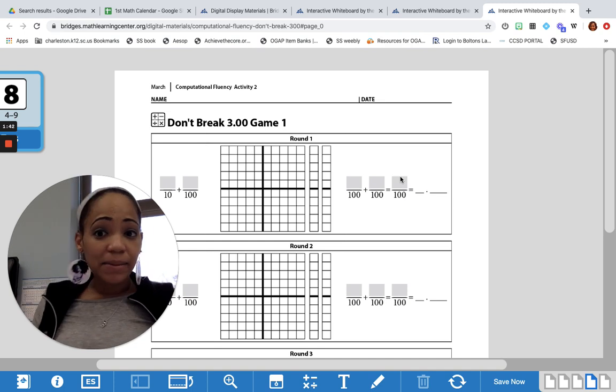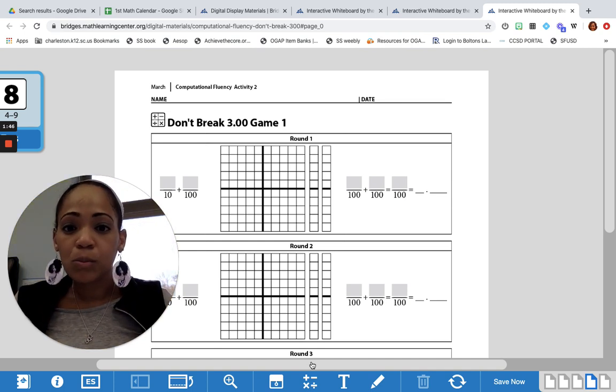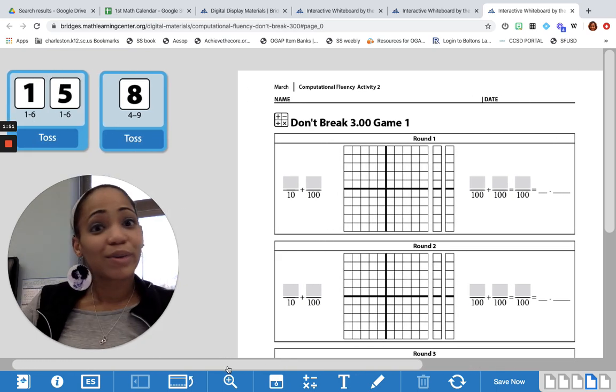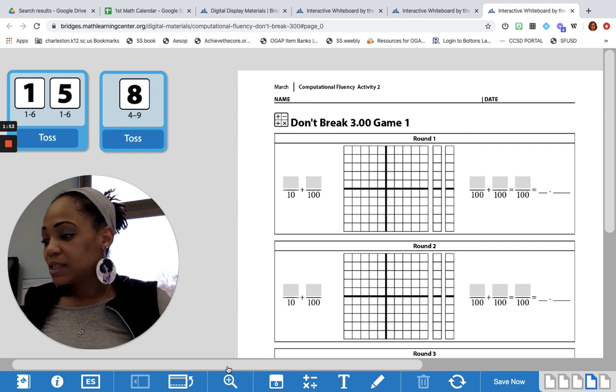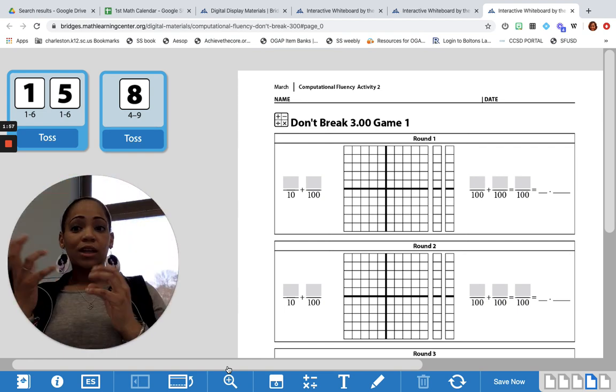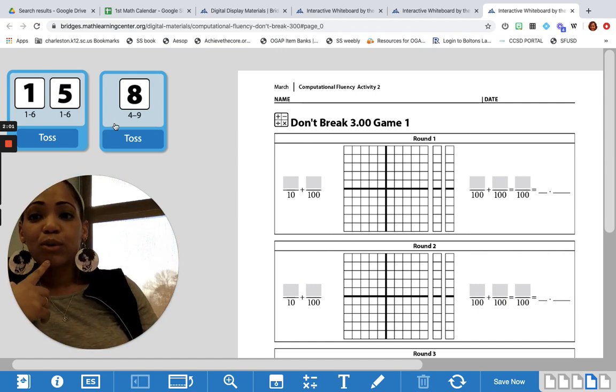It might be page number 70, and we are going to play a game called Don't Break 3. And that's 3 holes, or you can think about it as $3, whatever makes the most sense to you. So each team is going to get 3 rolls.